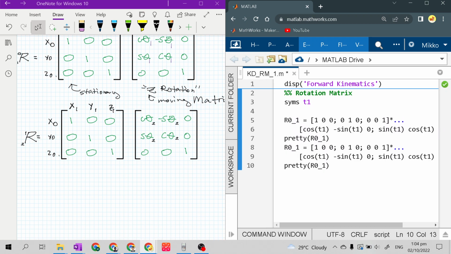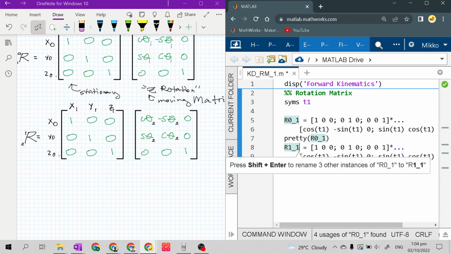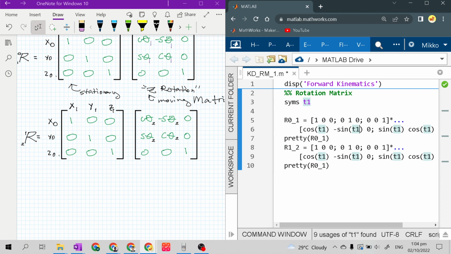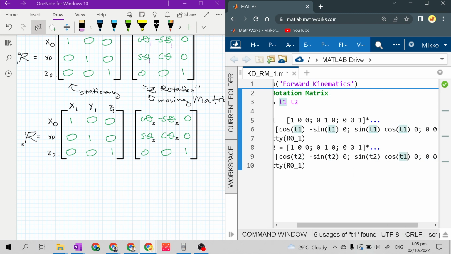If you are programming, prevent using Control C and Control V, except if you have redundant code, then you can use it like this. So let's identify our second variable t2, changing from t1 to t2. This will be t2, this will be t2, and this will be t2.